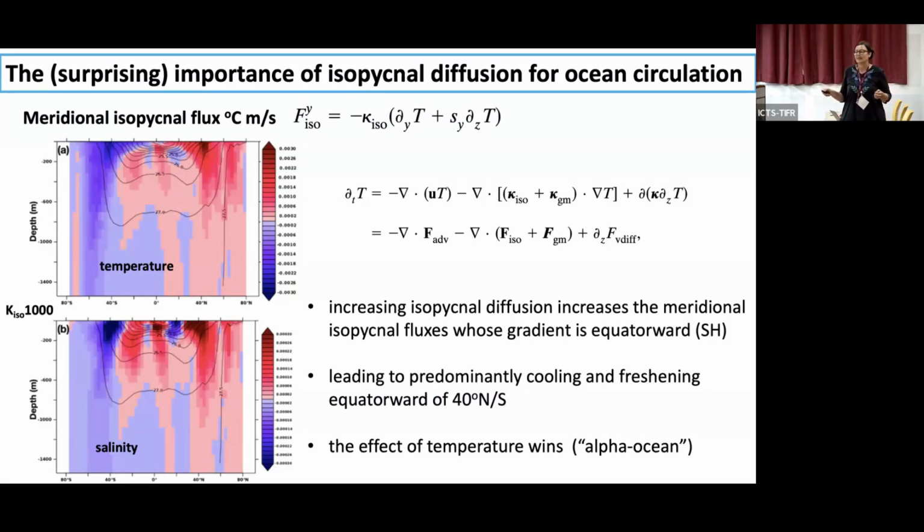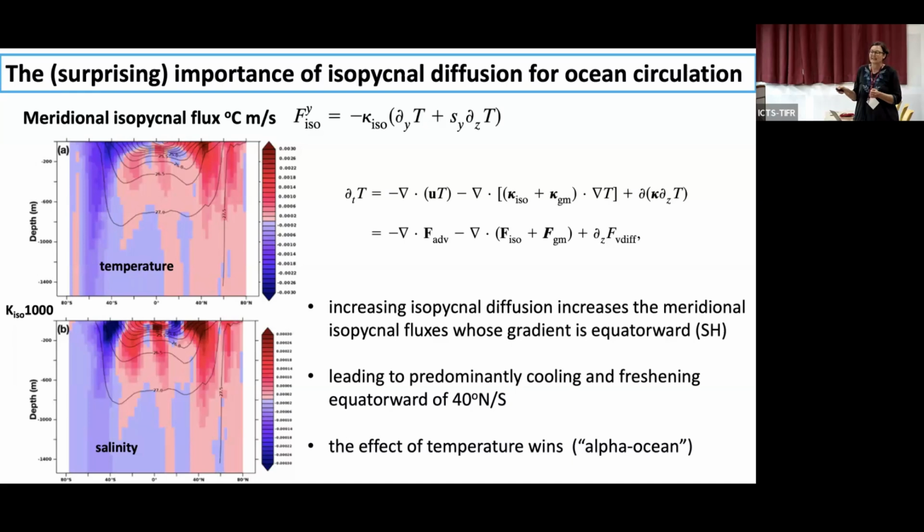Here you have the tendency of temperature. Here's the advection term. This is the divergence of the isopycnal diffusive flux. Here's also the GM flux, which has not changed because we have not changed the GM coefficient. And there's also vertical diffusion. So what you see when increasing the isopycnal diffusion, here you see the meridional isopycnal flux of temperature.